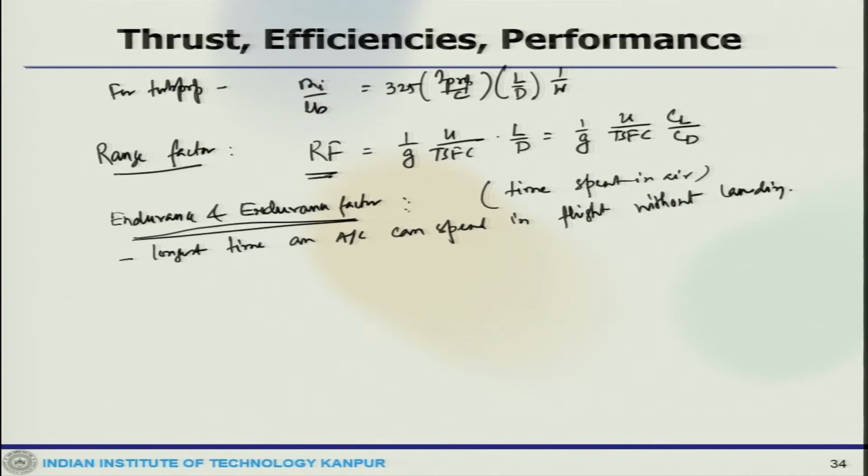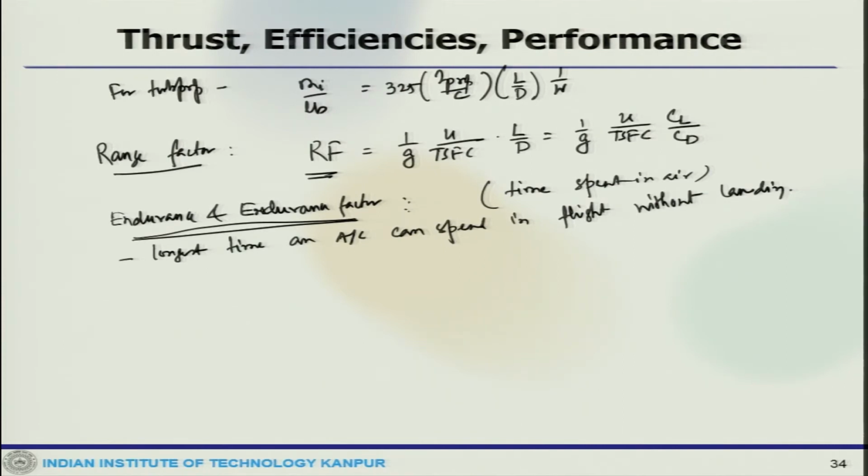So, the maximum endurance of an aircraft, or the time elapsed, refers to the condition that requires the minimum fuel power. So, the minimum fuel consumption for a time of flight occurs when the endurance factor is also maximum. So, we can see that.